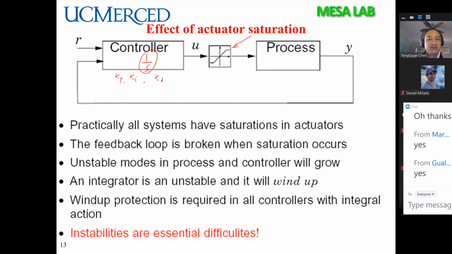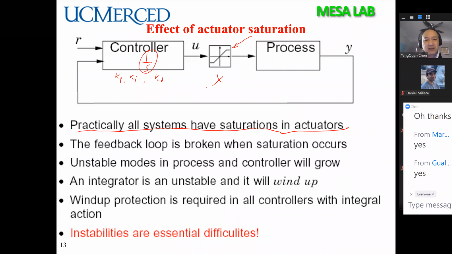So if you saturate, that means no matter how you change, the whole loop is broken. So if you have something unstable here, that control will grow very big. I'll show you an example. The integrator itself is unstable.